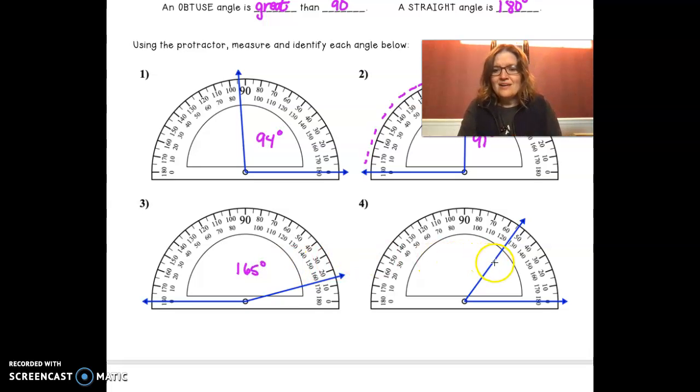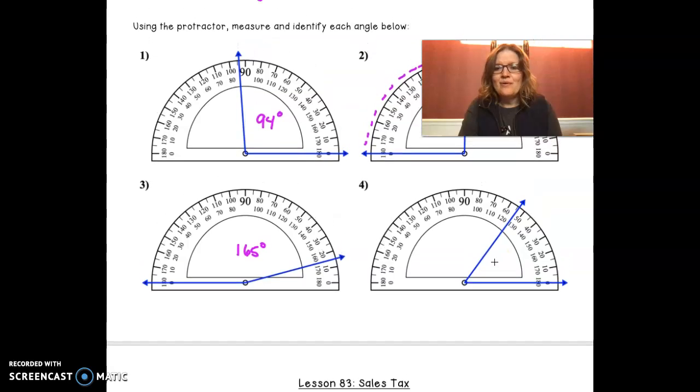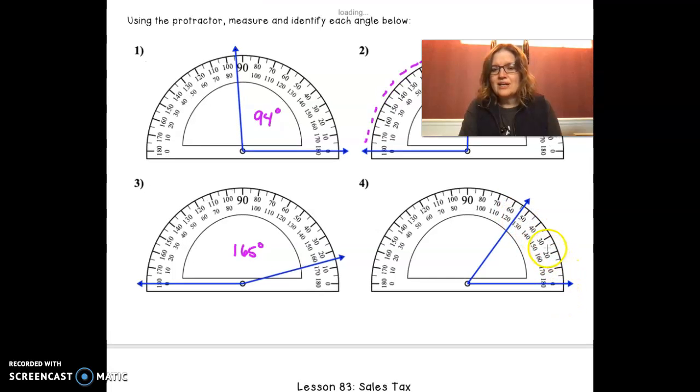And then our last example, we're going this direction, so we use our outside numbers, and it looks like it's not quite 55 degrees. It's a little before 55, so I'm going to say it is 54 degrees. And we know that this is an acute angle.